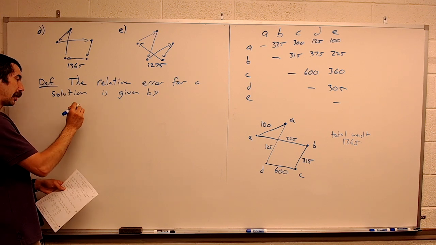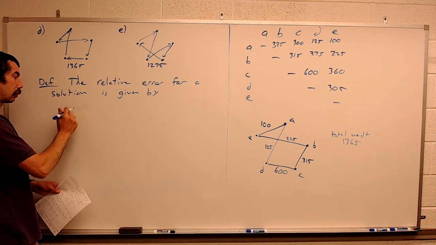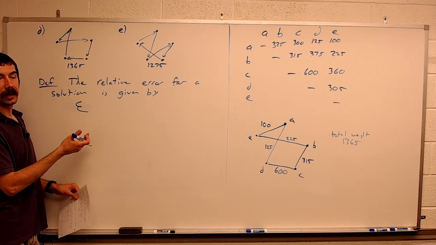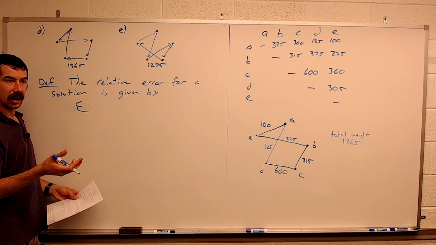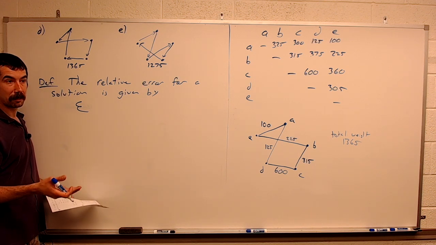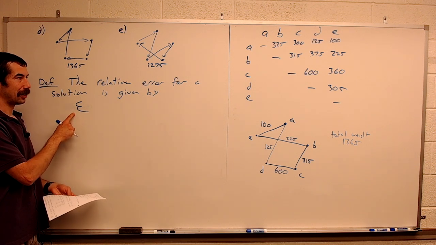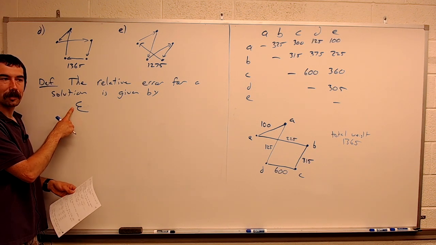We use the Greek letter epsilon to represent our error. Not just because it looks like E, but epsilon, traditionally in mathematics, is used to represent a small quantity. So, we're being optimistic here that our errors are going to be small.